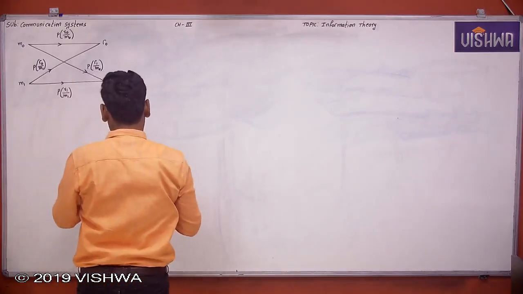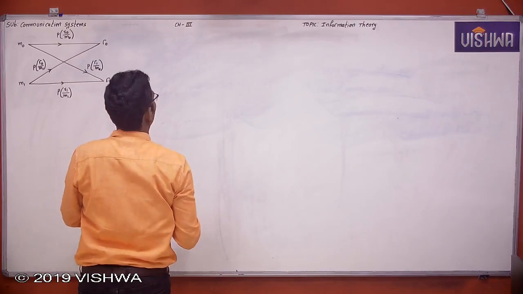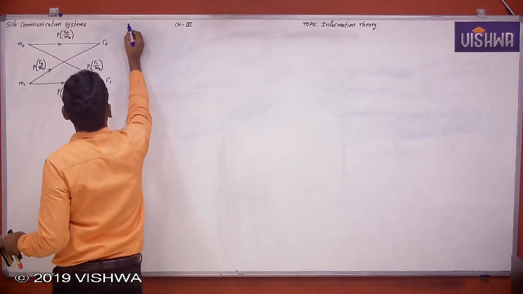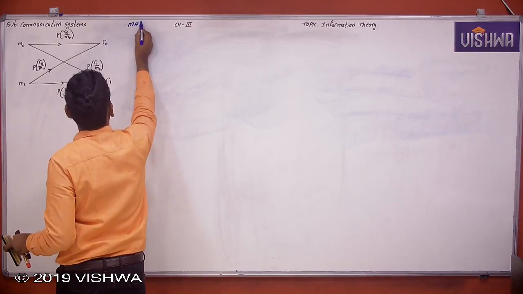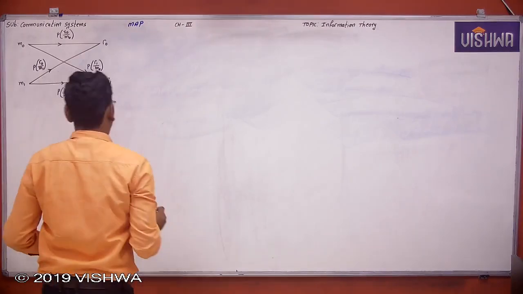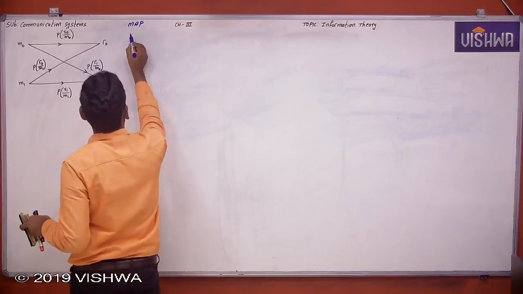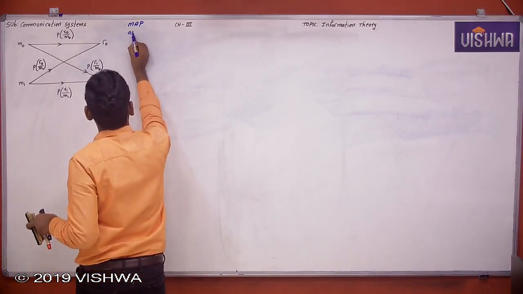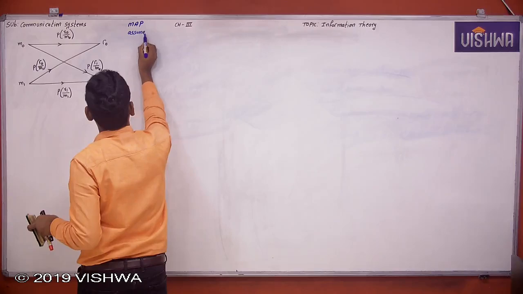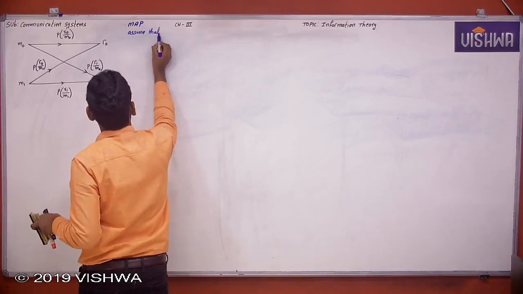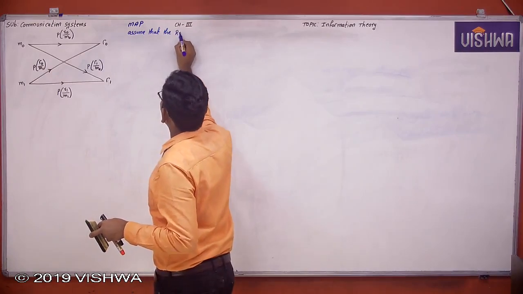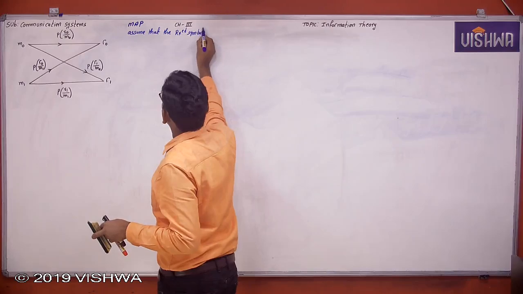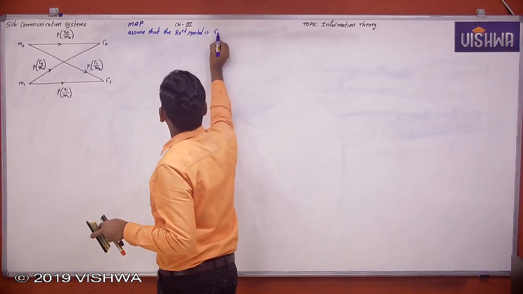Now see here, this is MAP decoding. Assume that the received symbol is R0.